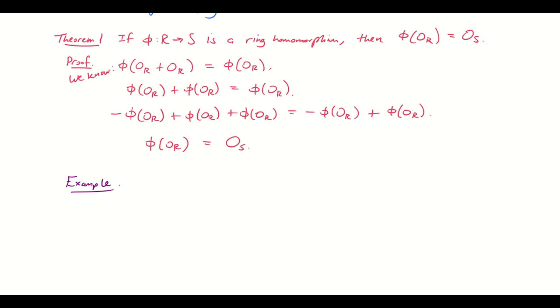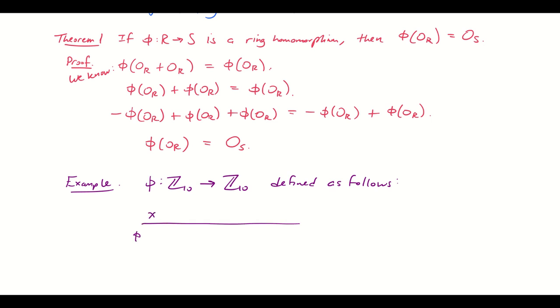I'm going to define a ring homomorphism from Z mod 10 to itself as follows. And I'm actually just going to define this using a table of values. So this is x, and then here's phi of x, and then here's the map.